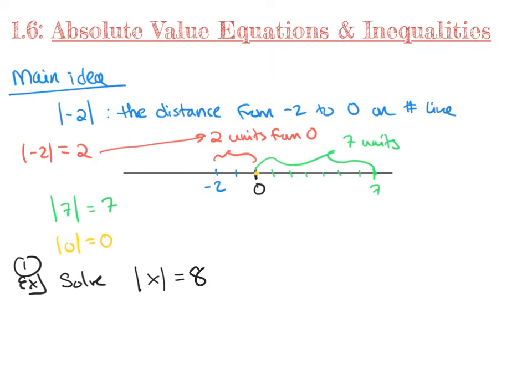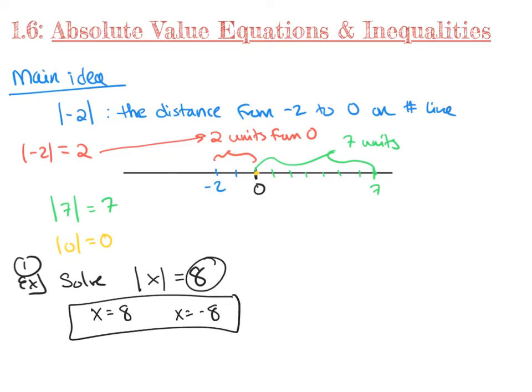Well, we could have two possibilities for numbers whose distance is 8 units away from 0. Clearly, 8 is 8 units away from 0, but also -8 is 8 units away from 0. So we have two possible answers, 8 and -8.